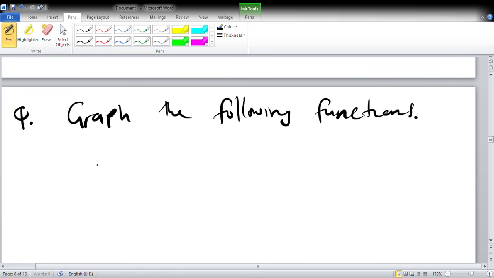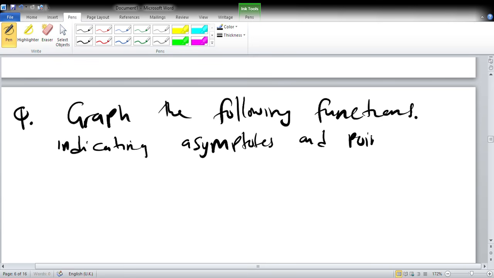Graph the following functions, indicating asymptotes and points of intersection with the axis.